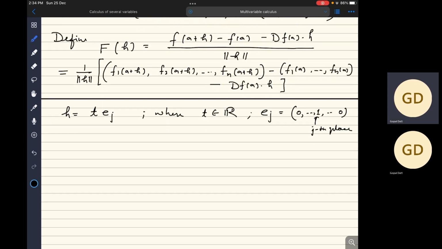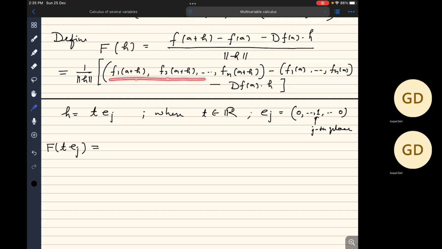So what we get after putting this in the above equation, I am putting the value of h here.